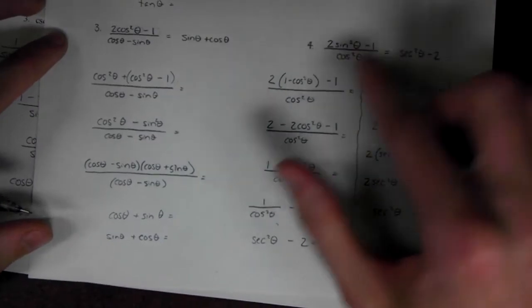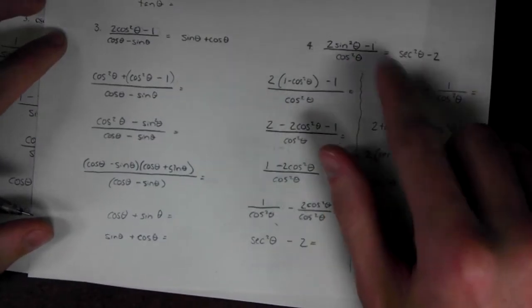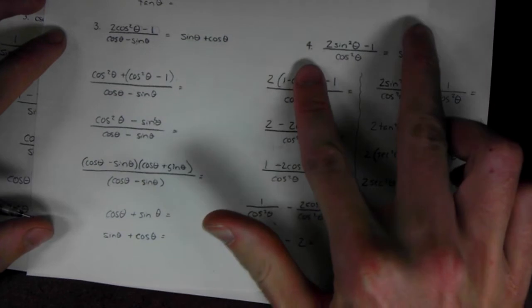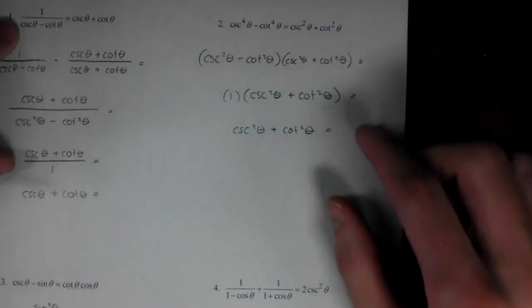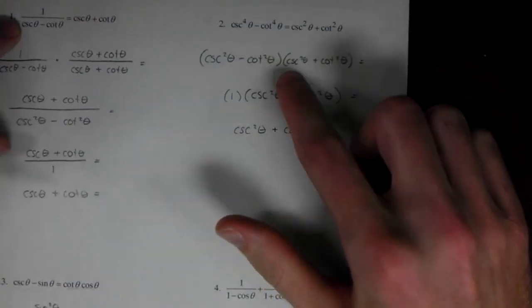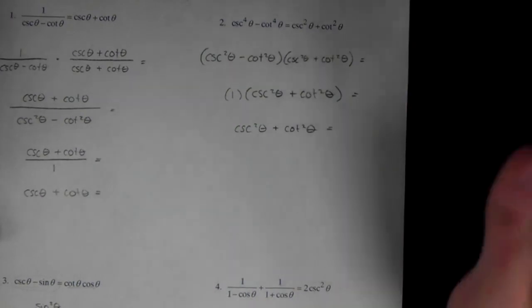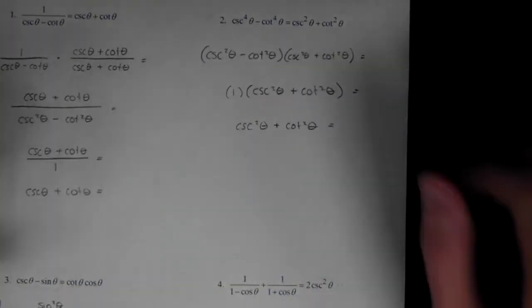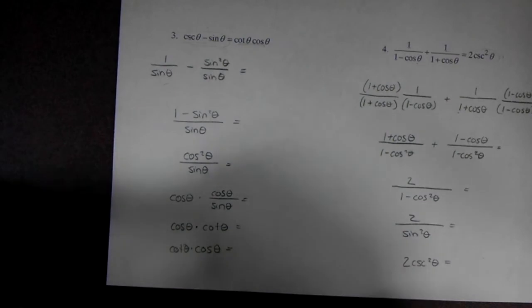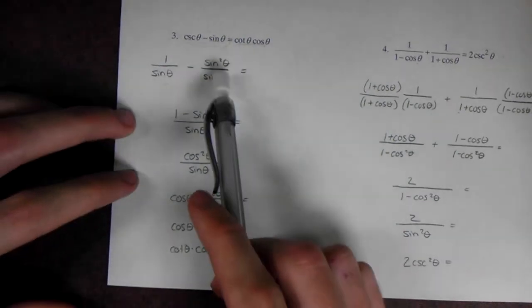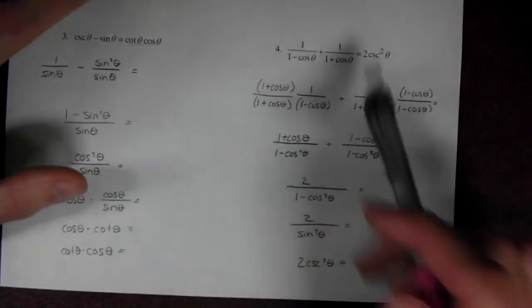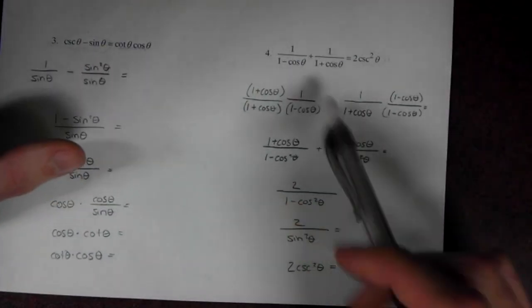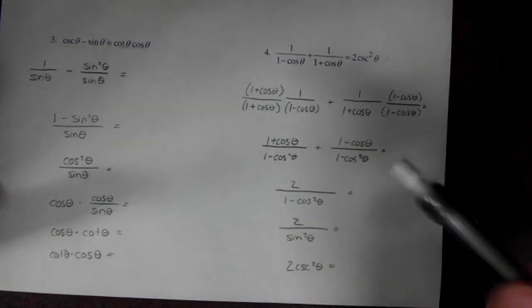We also talked about splitting things apart when you have 2 terms in your answer and 1 term over here, you can split this apart into 2 different fractions. Multiplying by the conjugate, another good trick to know. Factoring is always good. Look for factoring because those problems will typically jump out at you. Again, getting a common denominator can help you go from 2 to 1. And in this case, we also had to get a common denominator to go from 2 to 1. There's just more steps involved.